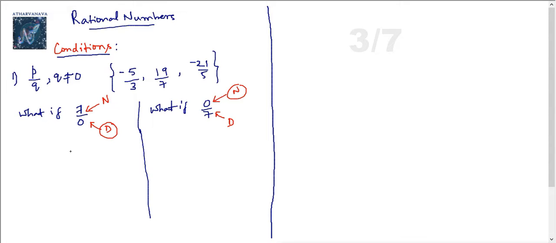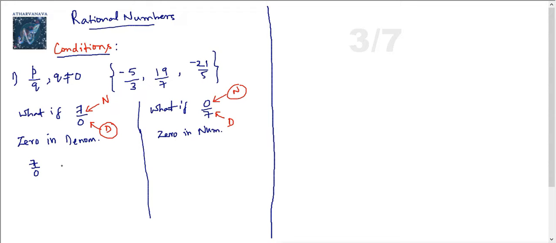One, 0 in the denominator; two, 0 in the numerator. Now what happens? Let us check. Say for instance, I am taking 7 by 0.